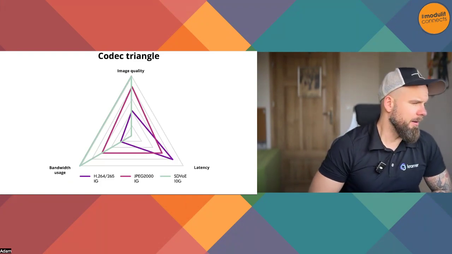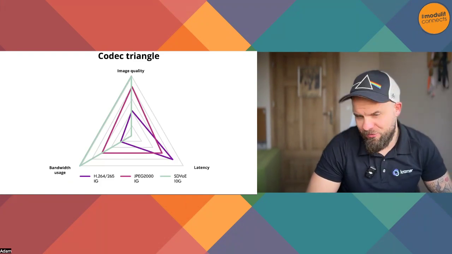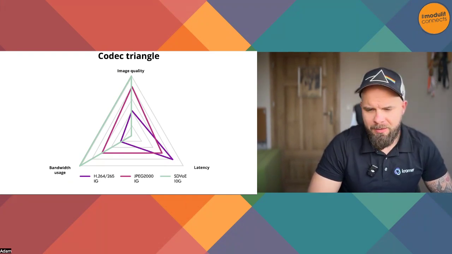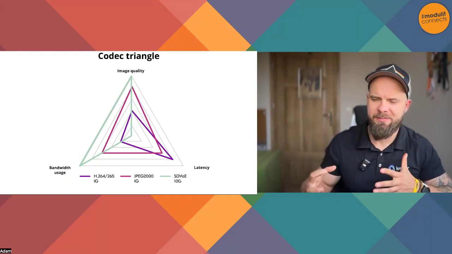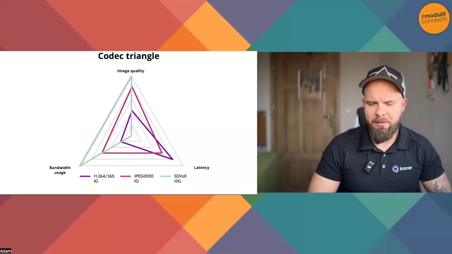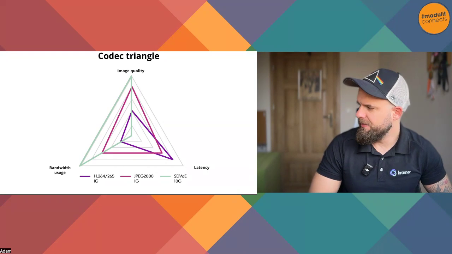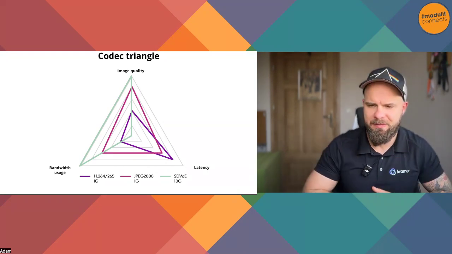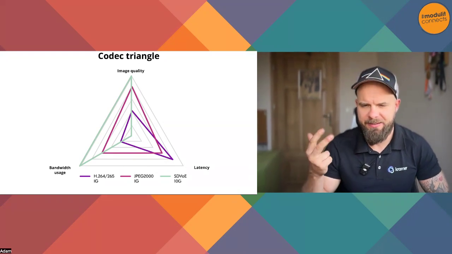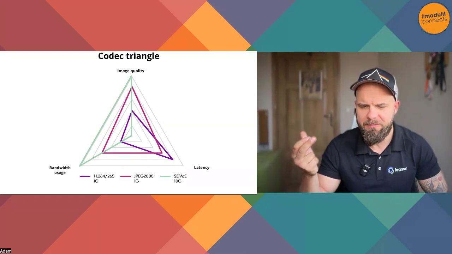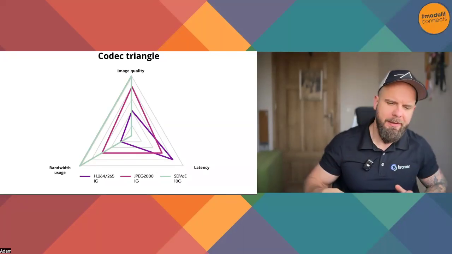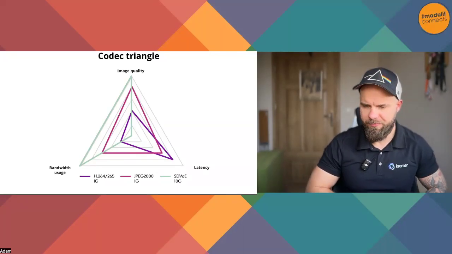I hope you are aware of the existence of the codec triangle. It is actually a quite useful way to explain the differences between specific codecs, specific ways to transmit the signal. The codec triangle is about three things: image quality, generated latency, so delay, and usage of bandwidth.